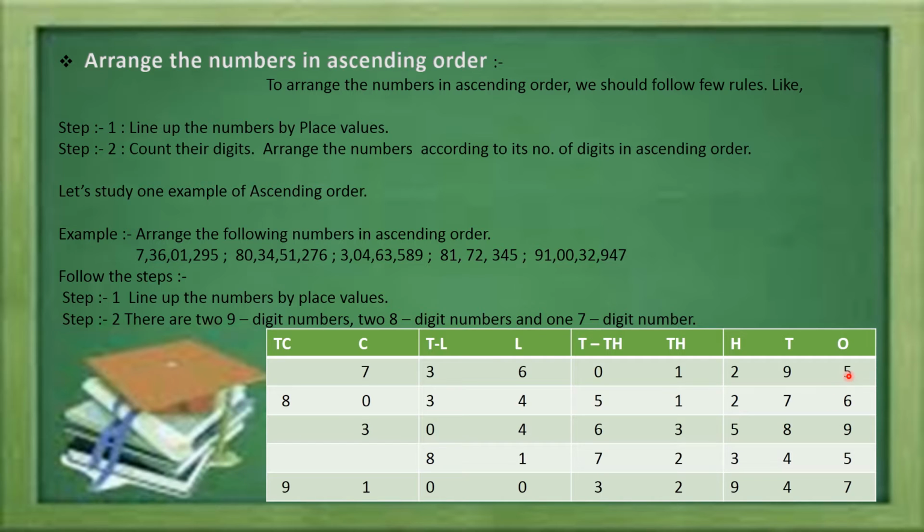First, 5 comes on the ones place, 9 comes on the tens place, 2 comes on the hundreds place, 1 comes on the thousands place, 0 comes on the 10,000 place, 6 comes on the lakhs place, 3 comes on the 10 lakhs place, 7 comes on the crores place. Like this, we have to arrange all the figures in their proper places.